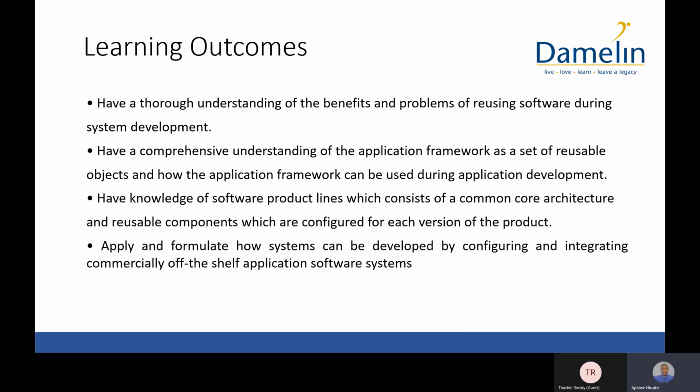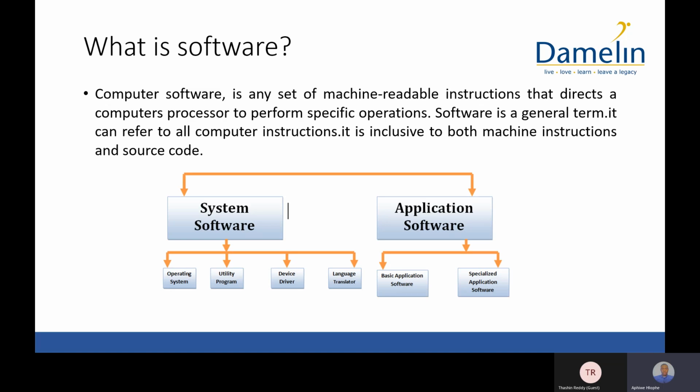Have knowledge of software product lines, which consist of a common core architecture and reusable components which are configured for each version of a software product. Apply and formulate how systems can be developed by configuring and integrating commercially off-the-shelf software systems.